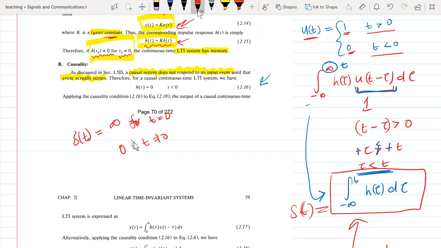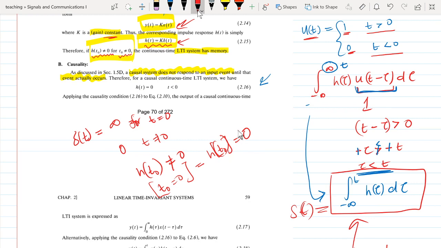So what we are saying is that if h of t naught is not equal to 0, for t we expect it. Of course, we expect that when t naught is equal to 0, h of t naught should be equal to 0.